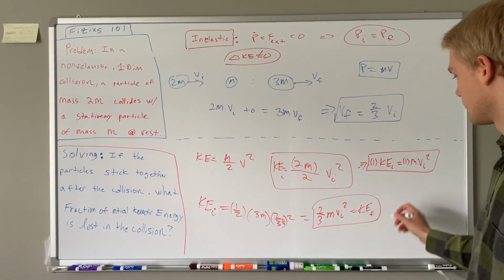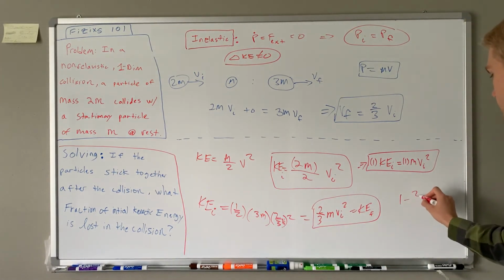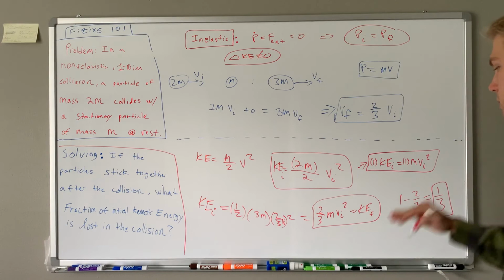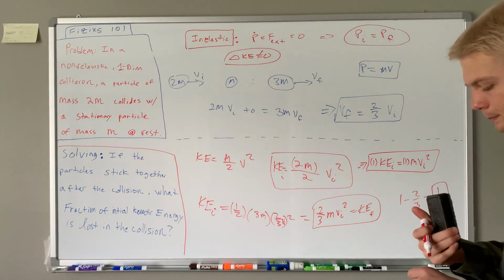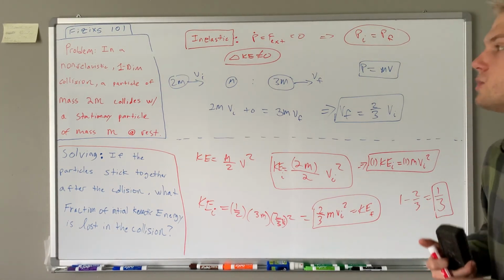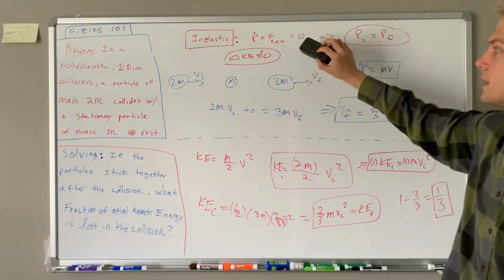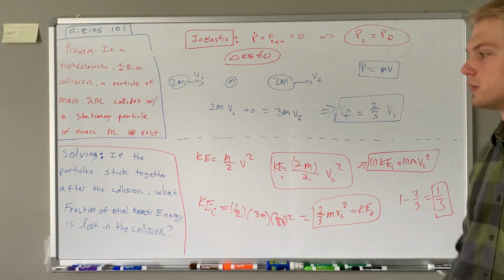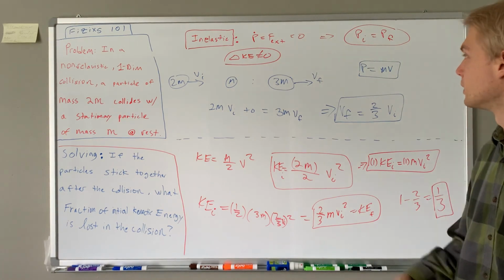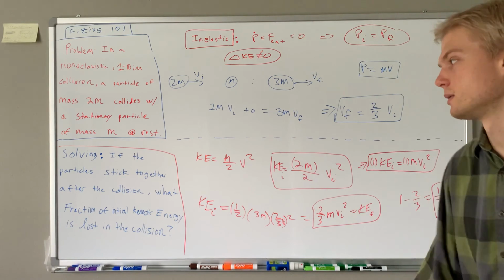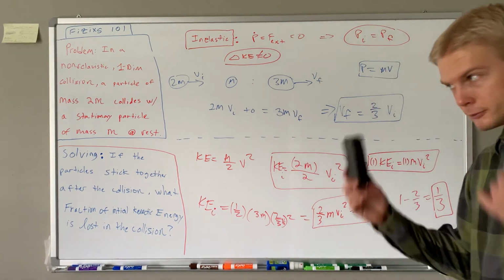You can tell, 1 minus 2/3 is how much was lost, because it went from 1 to 2/3 of the initial kinetic energy. Okay, just remember, once you know this, you can apply this stuff, and the rest will come. You have to know linear momentum and kinetic energy in terms of mass and velocity. Alright, have a good one.